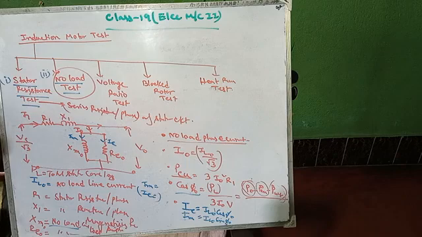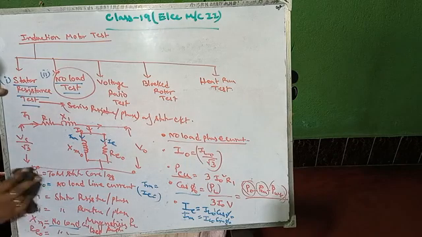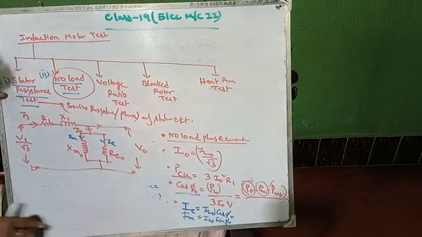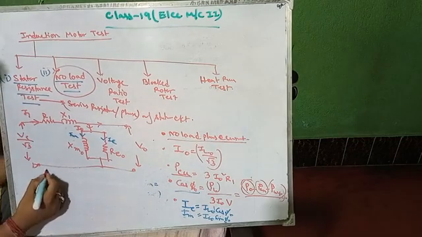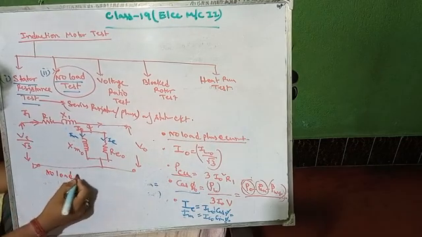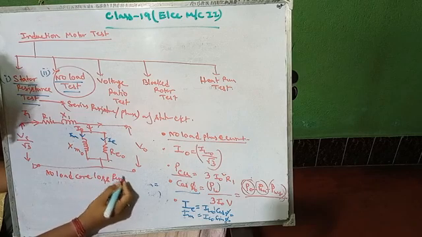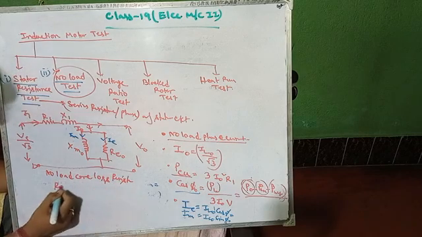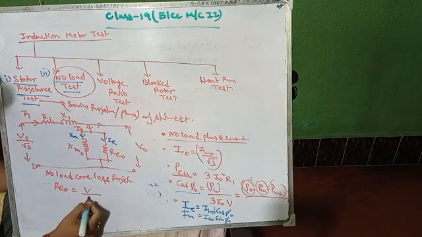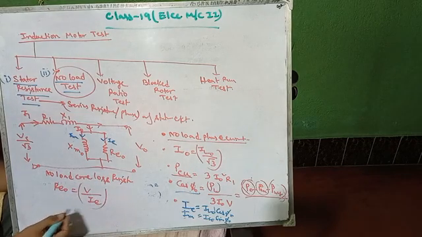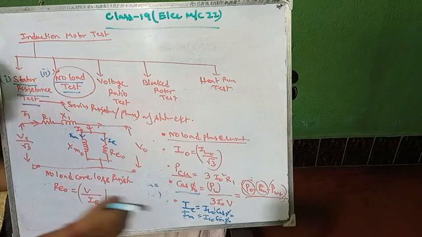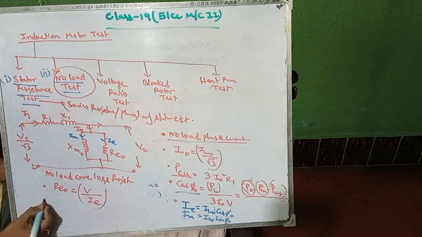Okay, so next one, no load core loss resistance, that is RE naught equals V by IE. Whatever the IE is, it will be put over here.